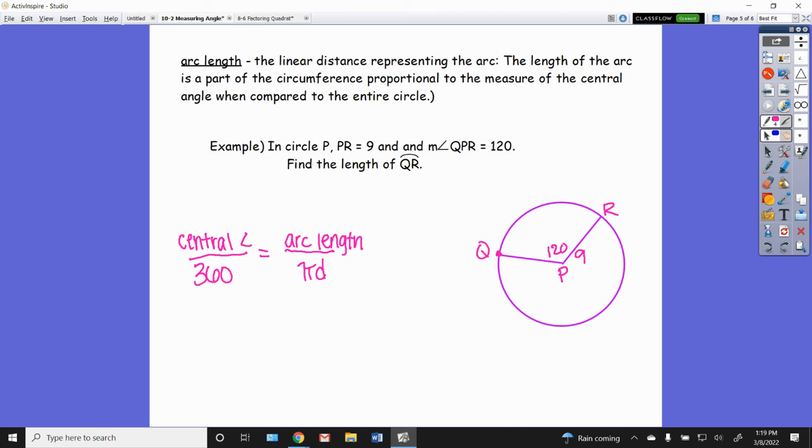You can round to the hundredth. Do you want to use my calculator? You might want to get a calculator. 120. You don't write it around there.